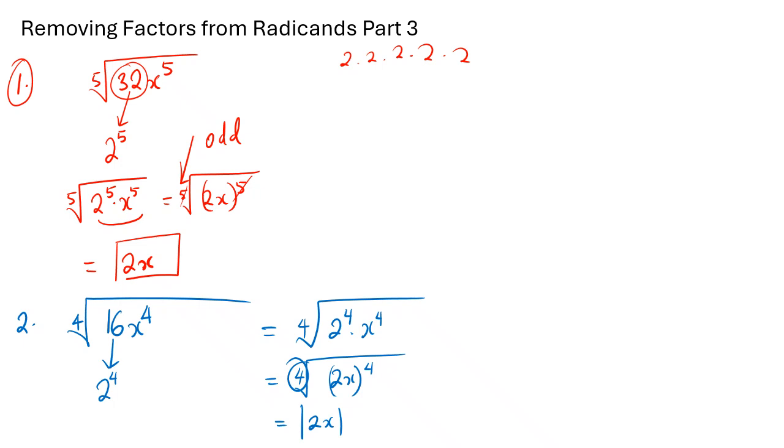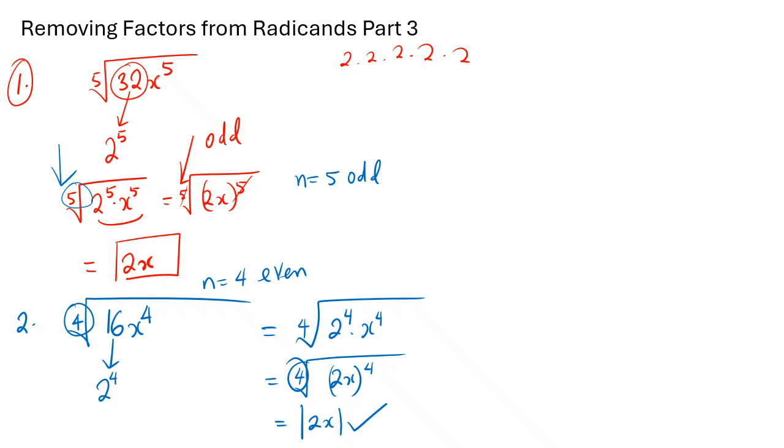Here you have 2x, and because the nth root here is odd, n equals 5, your answer would just be 2x. But whenever the nth root is even, n equals 4, your answer better be in the absolute value form.